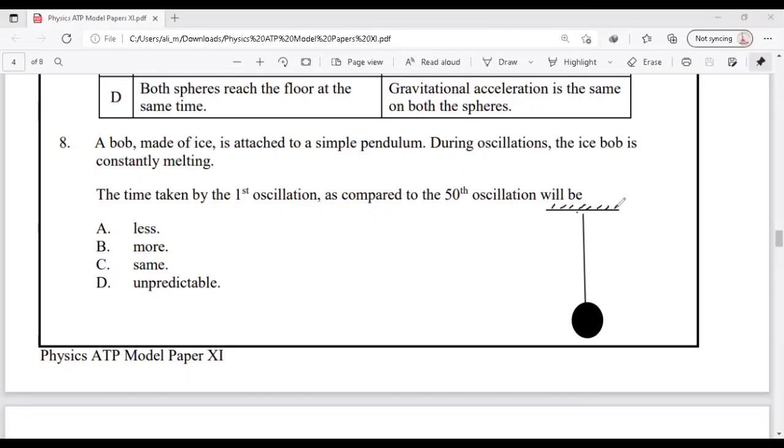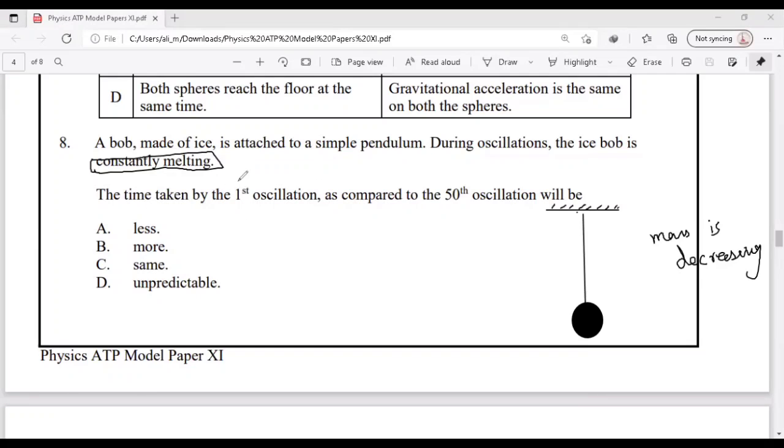So this makes it a simple pendulum. If this is made of ice and the ice is melting continuously, the mass of this sphere is decreasing with time. During the oscillation, the ice bob is constantly melting. That decreases the mass of this bob.